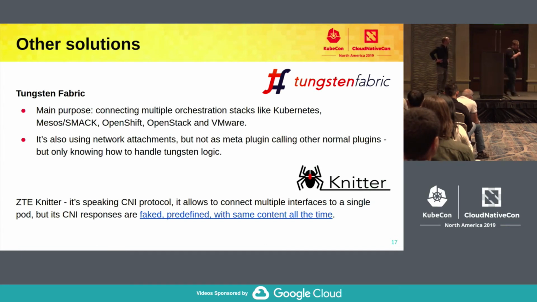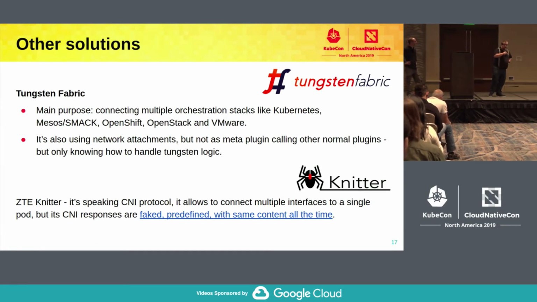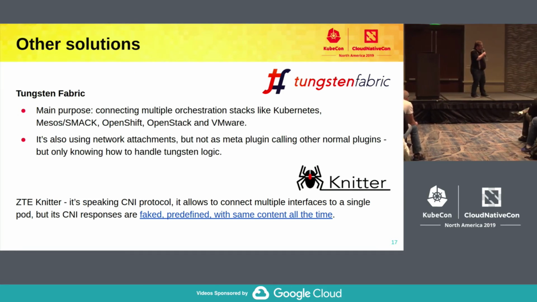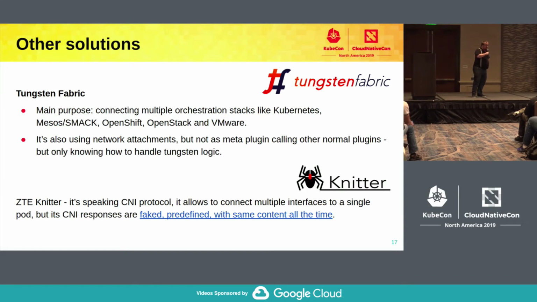There is also another option to configure multiple interfaces: Tungsten Fabric. It's a bigger project to interconnect with different types of clouds. You can connect your Kubernetes to OpenShift, to OpenStack, to VMware, or other solutions.